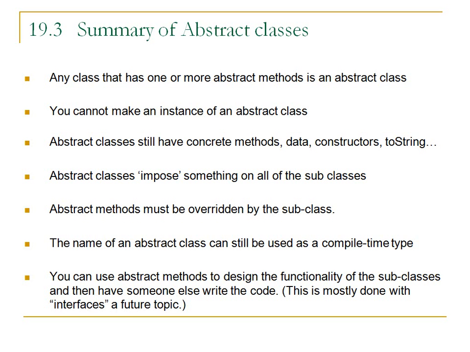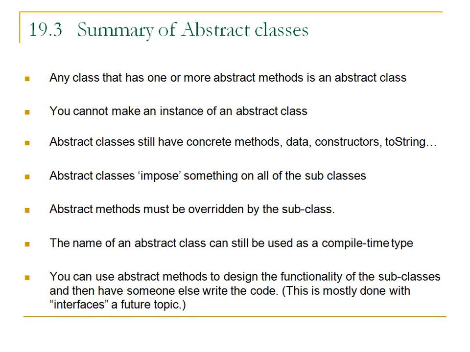Its use is only in the inheritance of its contents into the subclasses. So abstract classes still have concrete methods, that's methods with bodies, and they still have instance variables or data, and constructor methods and toString methods and anything else that you would need in that parent class.